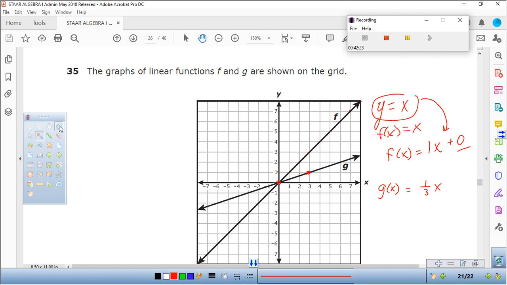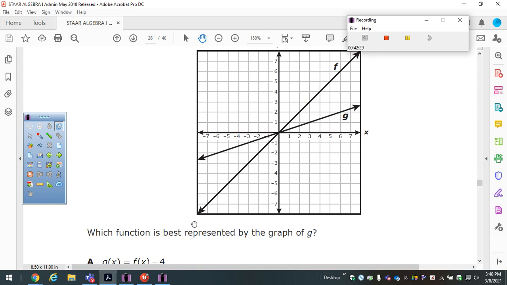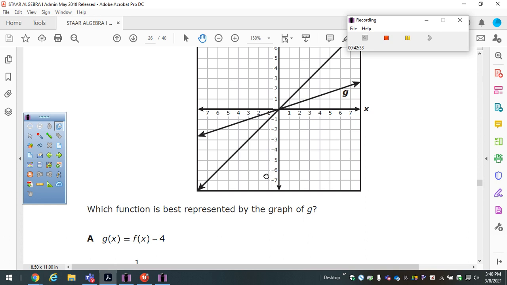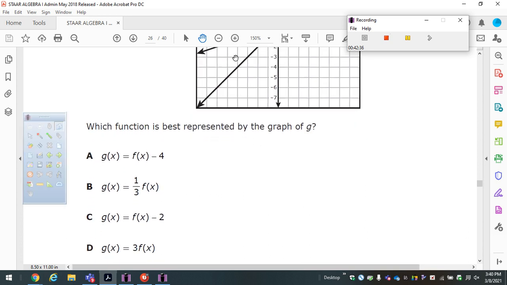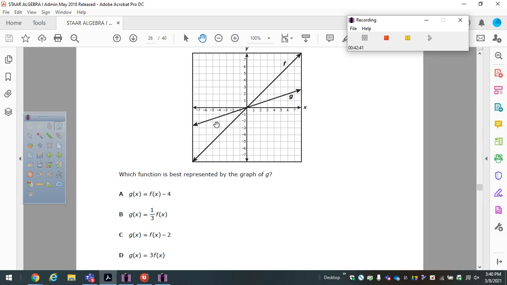Pretty cool. I haven't even read the question, but I think that's what's going to be asked. Which function is best represented by the graph of g? Okay, so the graph of g is this one. Remember, f of x is your parent function.